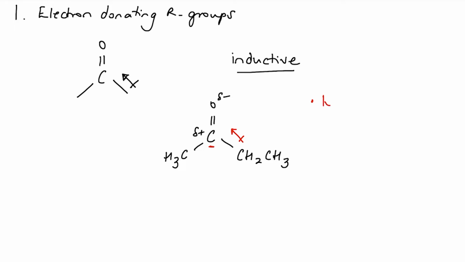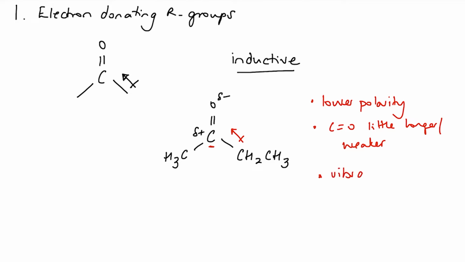We lower the polarity because electrons are being pushed towards the delta positive carbon, which means that the carbonyl bond is a little longer or weaker, and so it vibrates at a lower wave number.